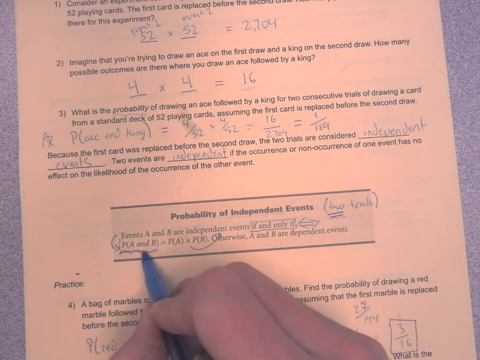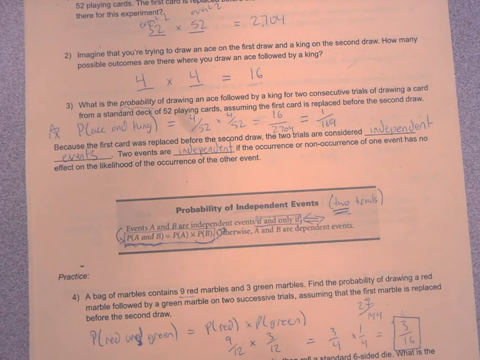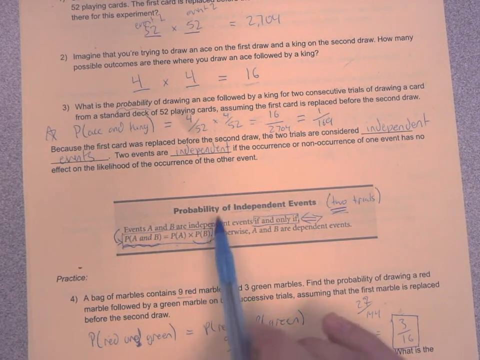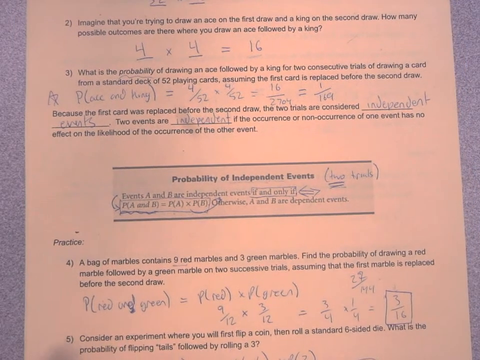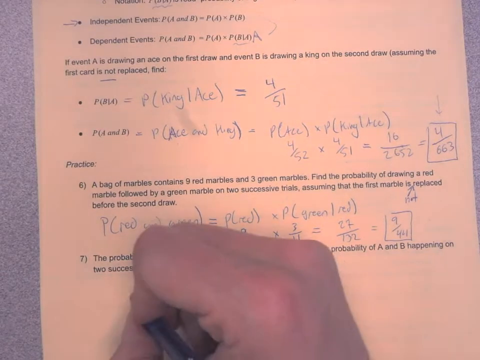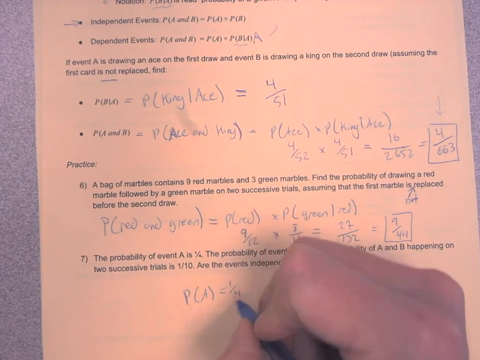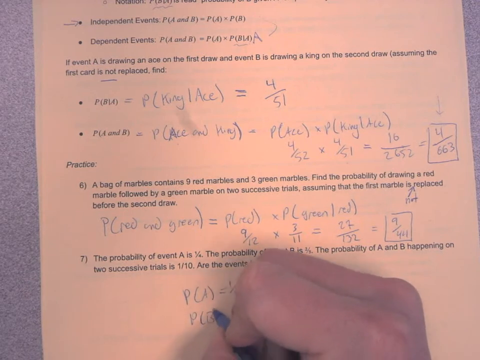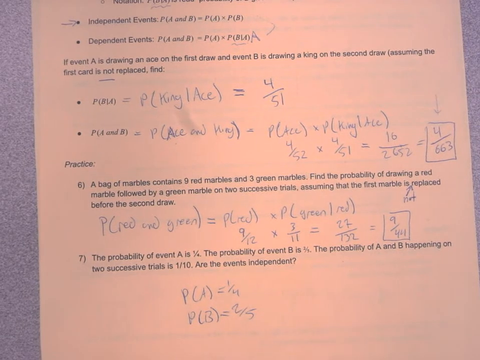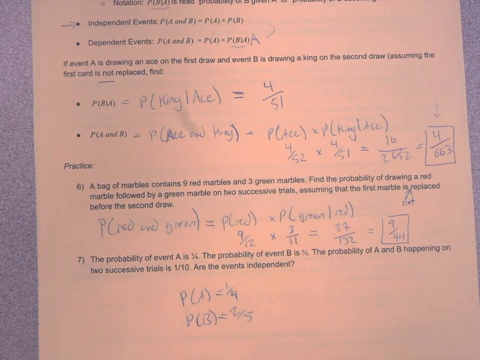So we can actually use this as a test to see if events are independent. If the probability of A and B is equal to the probability of A times the probability of B, then the events are independent. Let's use that over here. Okay, so we have the probability of A, which is 1 over 4, and we have the probability of B. Now, we haven't defined what the events are. We're not saying it's a card, we're not saying it's a roll of the die or anything like that. We're just saying it's some random events that we don't know.